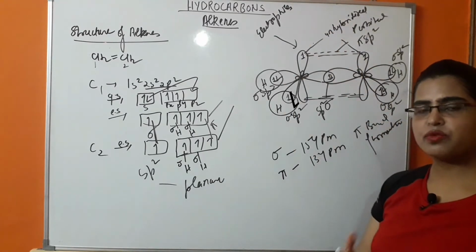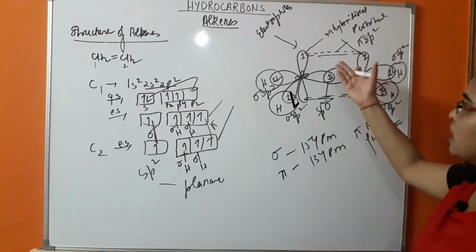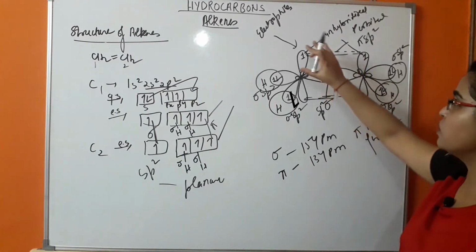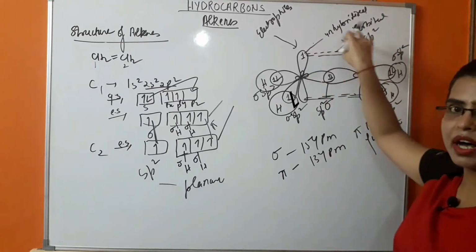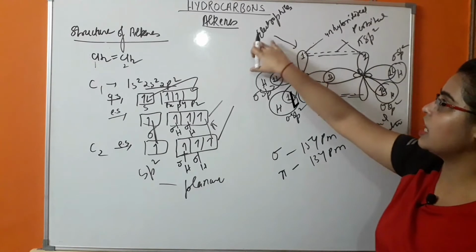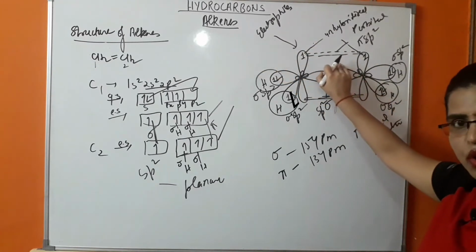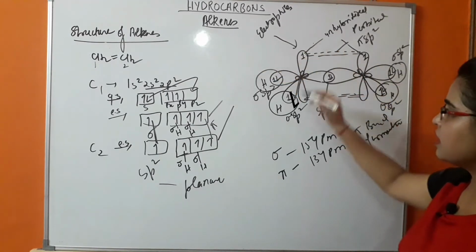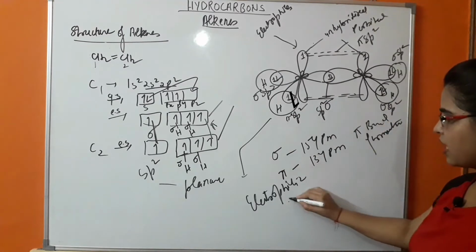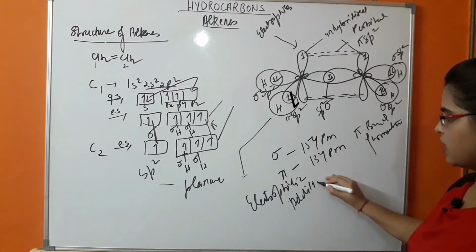Electrophiles are species which are electron deficient. They are behaving as a nucleophile because of these loosely held pi electrons, due to which the electrophile will attack on this molecule. Because of that they show electrophilic addition reactions.